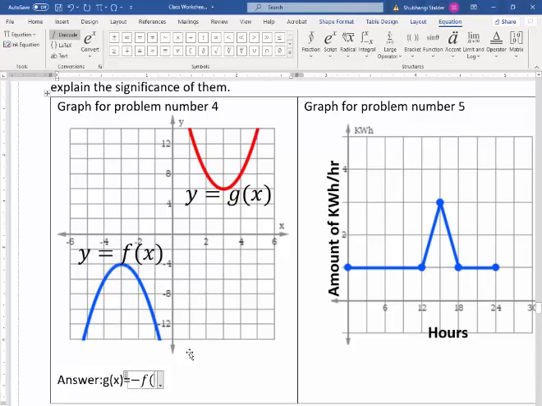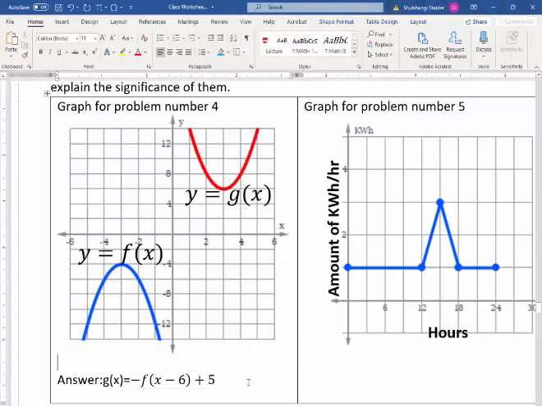Right, how much? And then plus what? 5, yeah. So upside down, right? So that's why the negative in front. You also went 6 this way and 5 up.